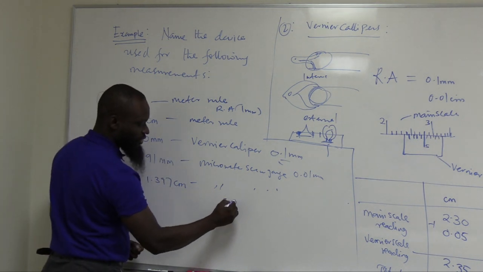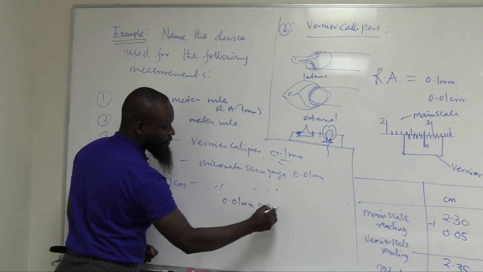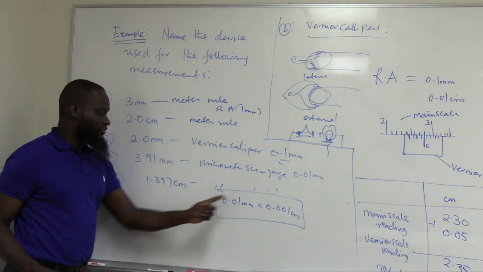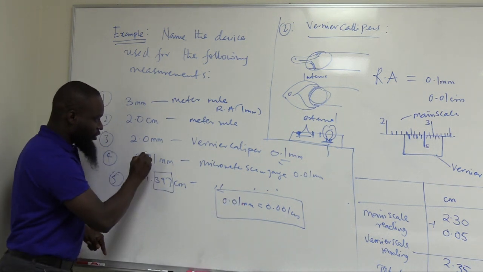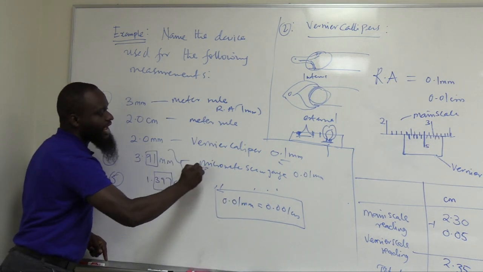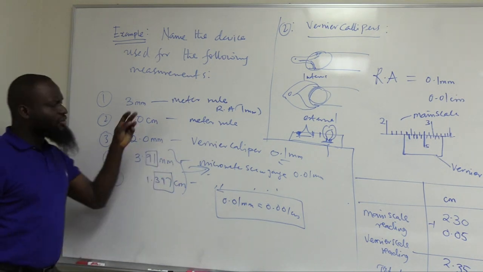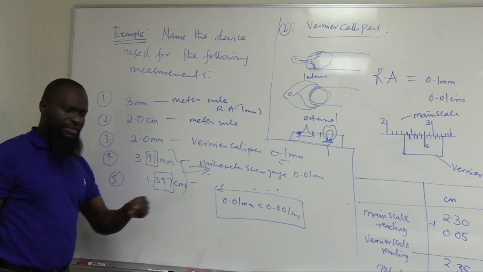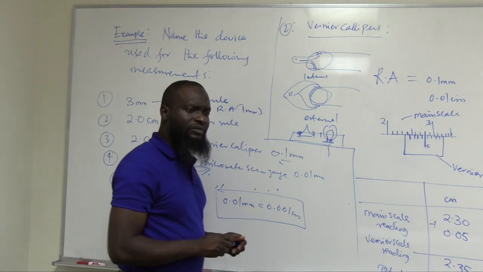So 0.01 millimeters, the same thing as 0.001 centimeters, is the reading accuracy of a micrometer screw gauge. So you can tell from the reading what devices these measurements were taken with.